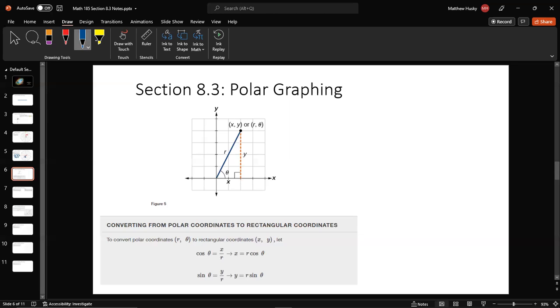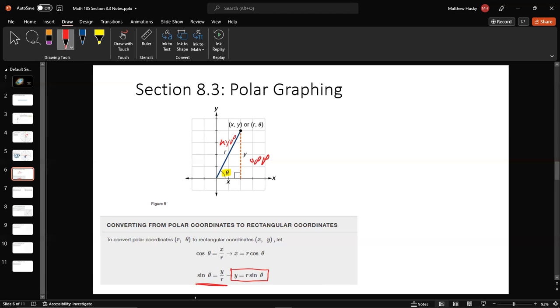So we know, based on the definition of the different trig functions, if this is your angle theta right here, the sine is going to be the opposite over the hypotenuse, also known as y over r, which is what they're saying down here. And if you just do a little algebra and multiply both sides by r, you end up with this very handy formula right here. y is equal to r sine theta.